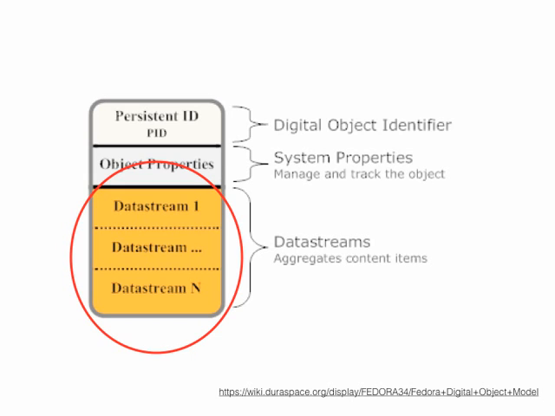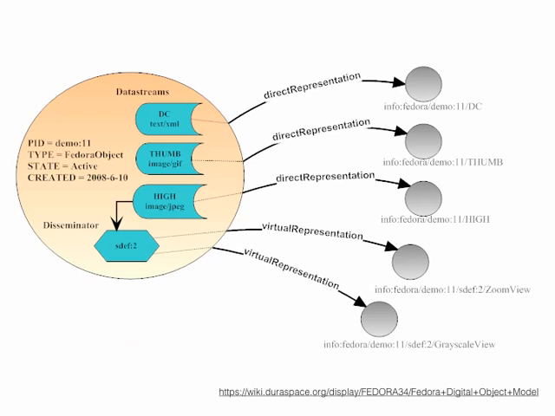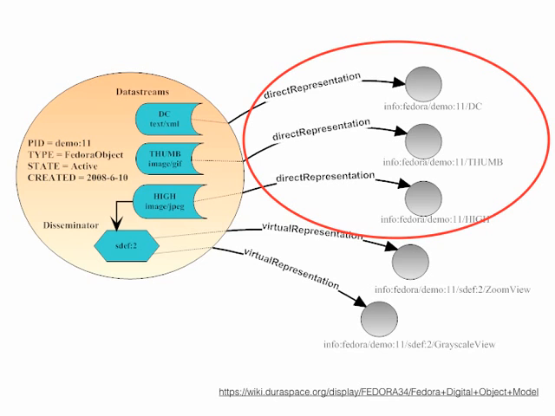I want to go off on a tangent for a moment and talk about a feature of Fedora that's not strictly speaking related to its data model, though it kind of is. And that is the representation of an object. Remember that each unique object in Fedora can include multiple data streams. And what's more, an object can include more than one representation. So what you can see in this figure is that there are a set of different representations for a single object.